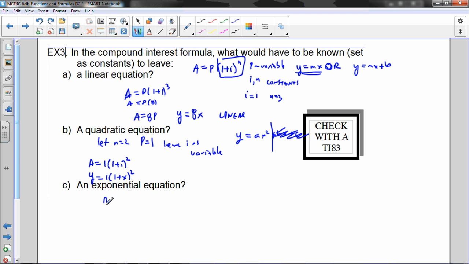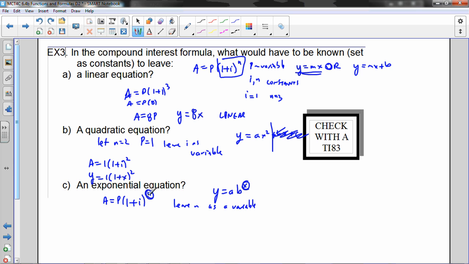An exponential equation. I'm going to rewrite my original formula here. An exponential equation looks like this, remember, where the independent variable is in the exponent. So we're going to have to leave n as a variable and choose the other things to be whatever.